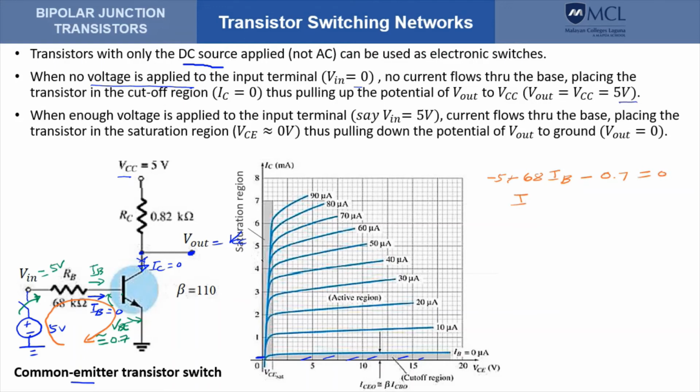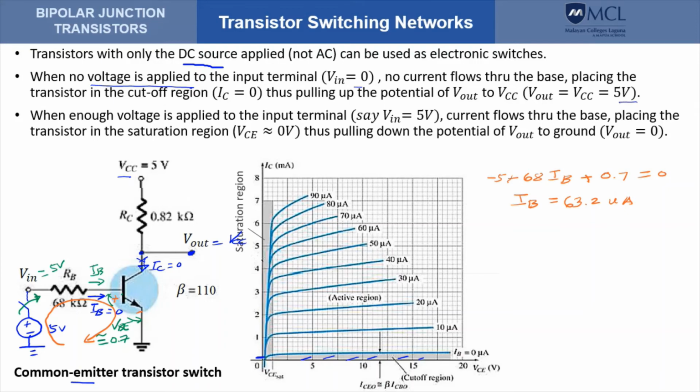And we can compute for I sub B. This is a plus here and this is a minus. And that will give us around 63.2 microamps.